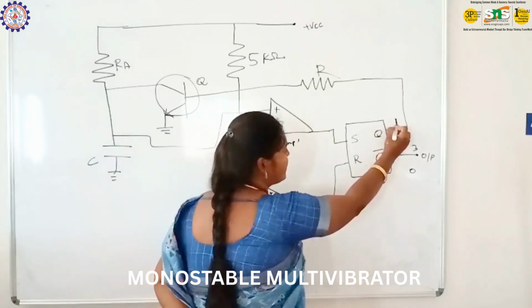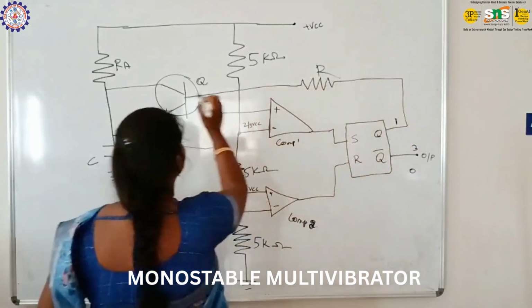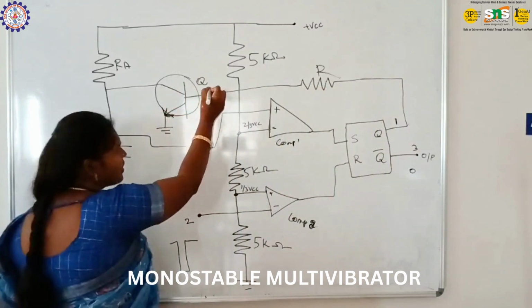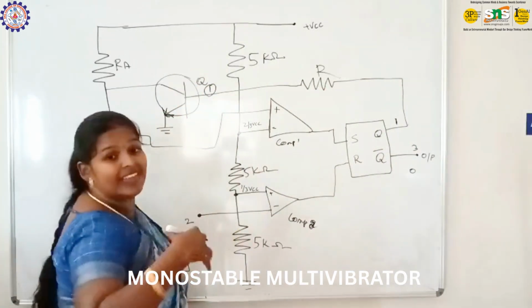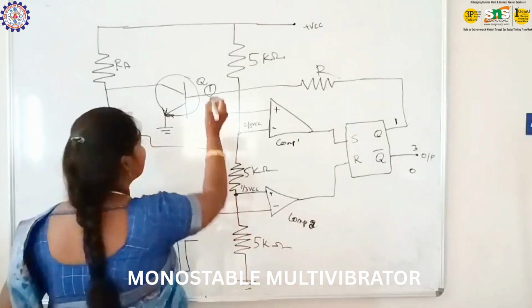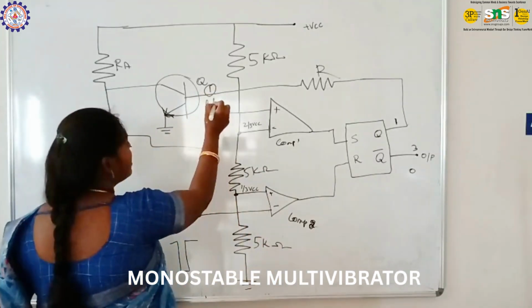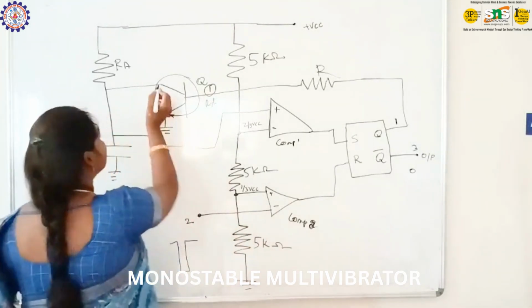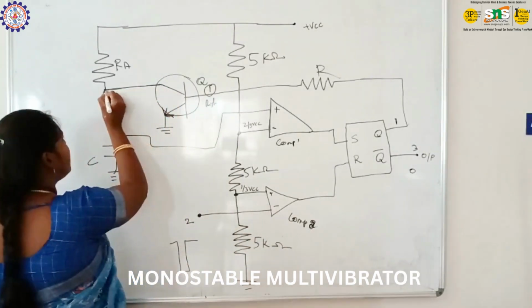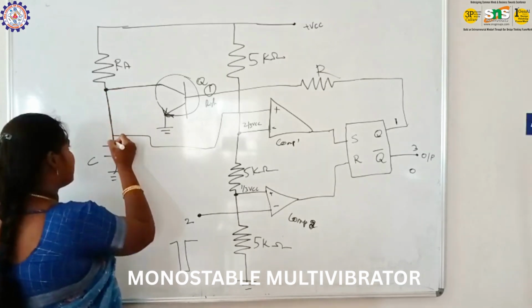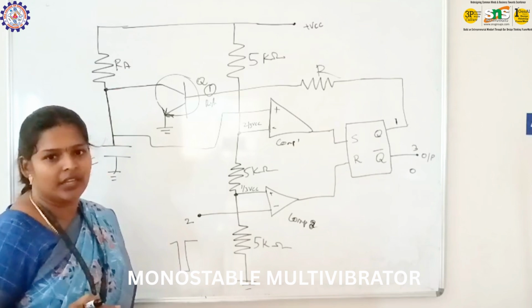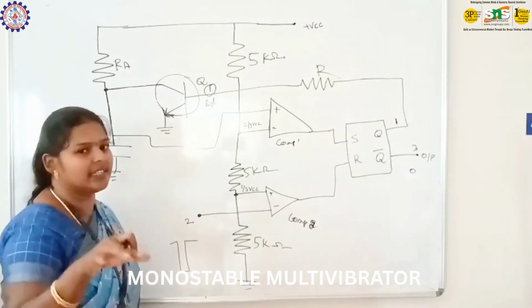This signal is passed to the transistor, which gets the 1. 1 means it is a high signal, so the transistor will be enabled. This signal is given to the capacitor, so now the capacitor will discharge.